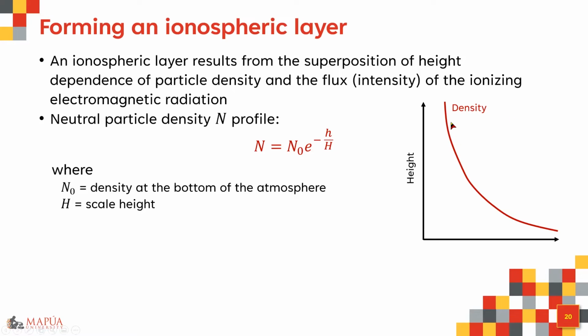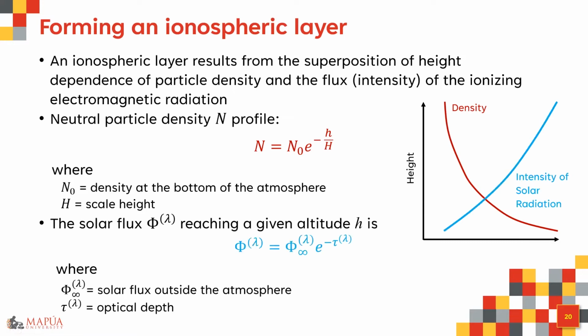That means at the upper atmosphere, you can actually receive more ionization than the lower atmosphere. Okay, so the solar flux can be described as a function of this. So a combination of a decreasing density and an increasing radiation will be followed by your ionization rate.